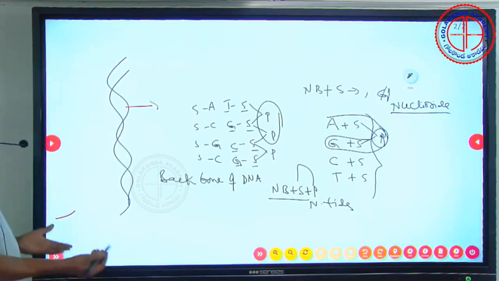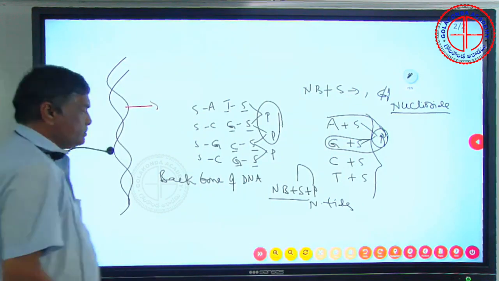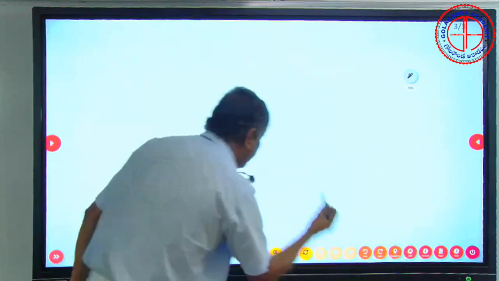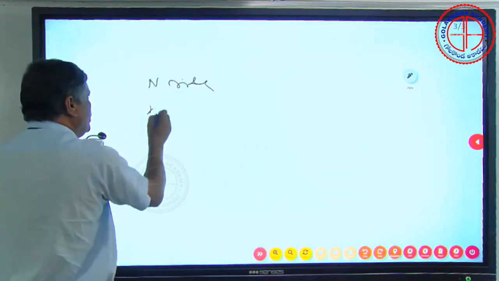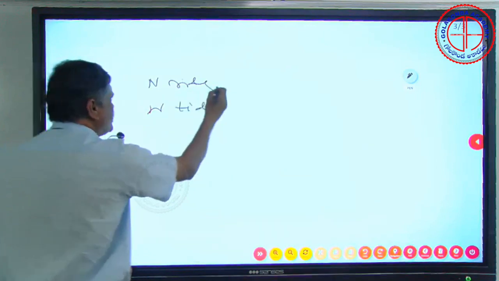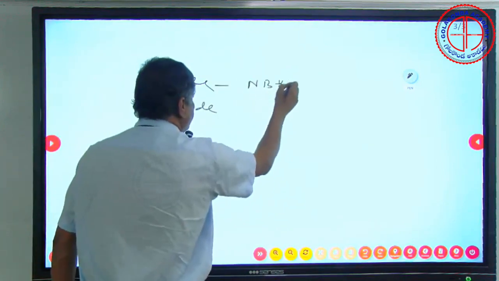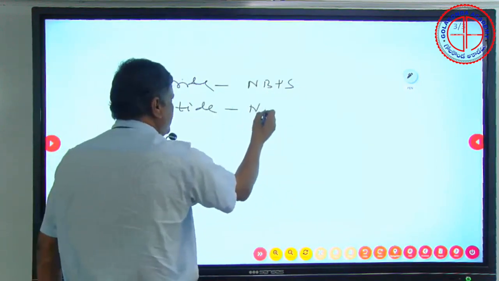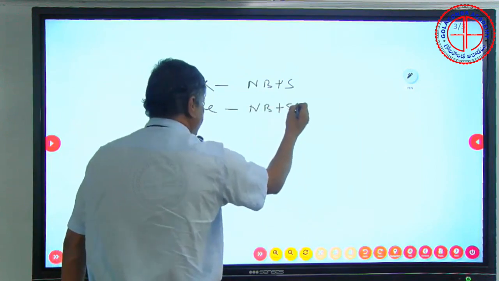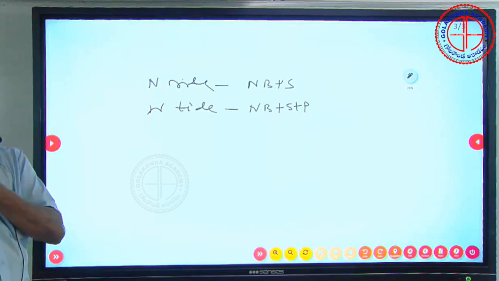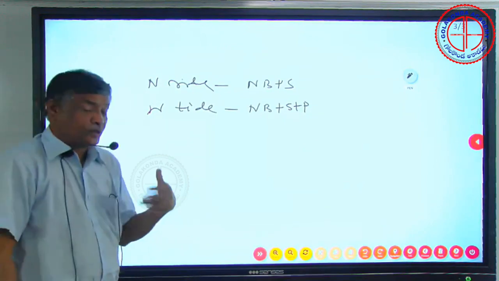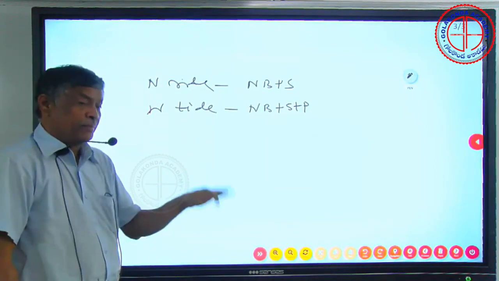What is a nucleoside, and what is a nucleotide? Nucleoside means nitrogen base with sugar. Nucleotide means nitrogen base and sugar with phosphate. The total number of nucleosides is equal to the total number of nucleotides.